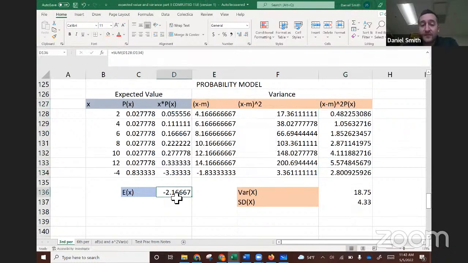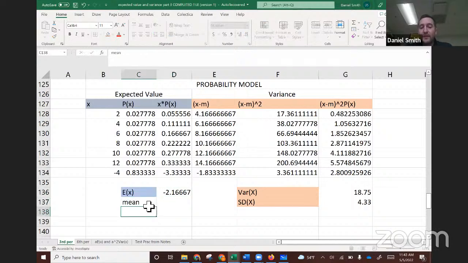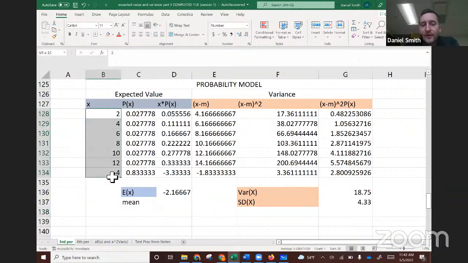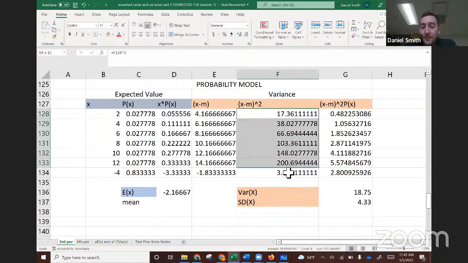Once you find the expected value, that is often the average. It's the mean of your random variable. So for the variance, you take each actual value and you subtract it from the mean. Then you square those numbers. Then you multiply those numbers by the probability that they occur.